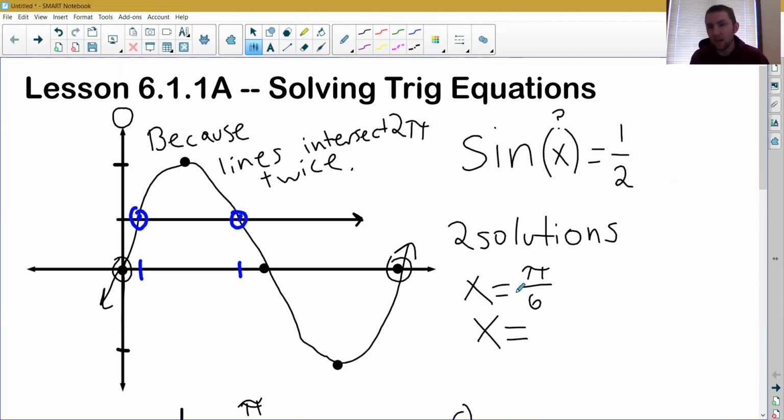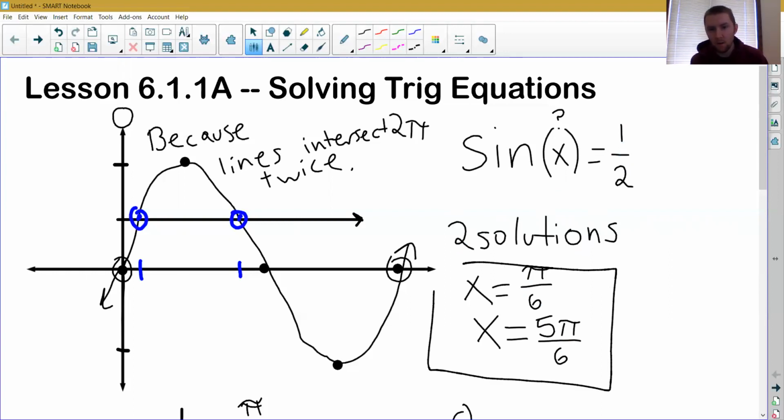That was the first spot on our unit circle that we saw this as our sine value, or our y value of our coordinate point. The other one was 5 pi over 6, just south of 1 pi. Okay, so these two solutions right here are the two solutions for sine of x equals a half in this restricted domain. Remember, we're still in our restricted domain, 0 to 2 pi.